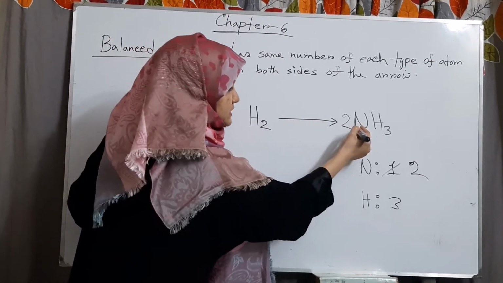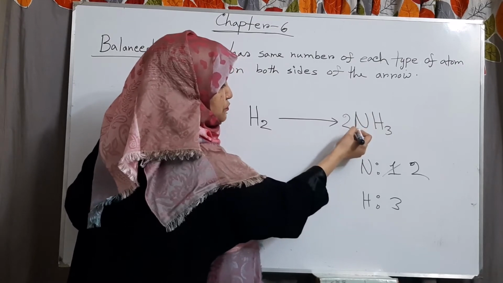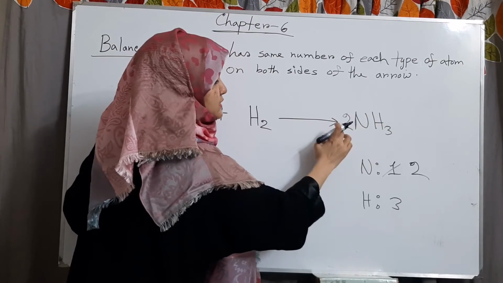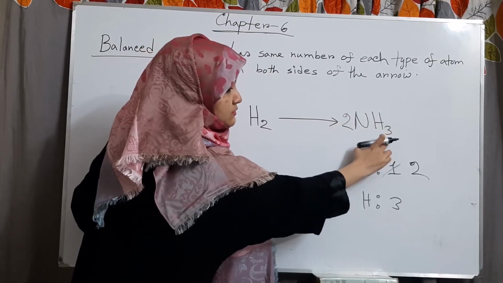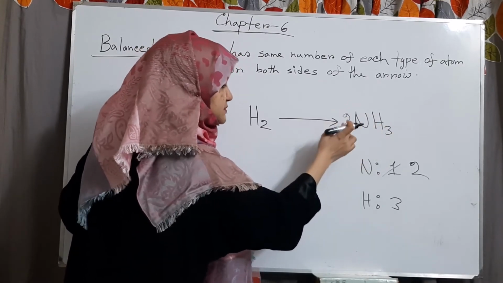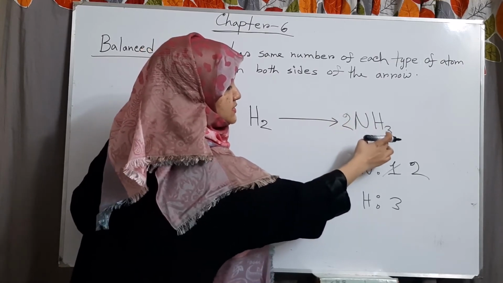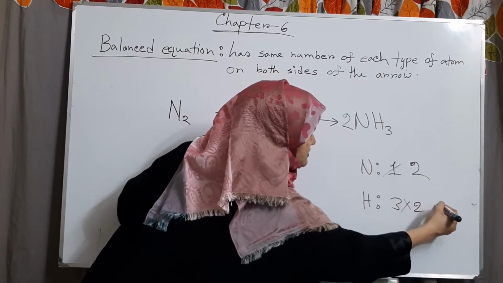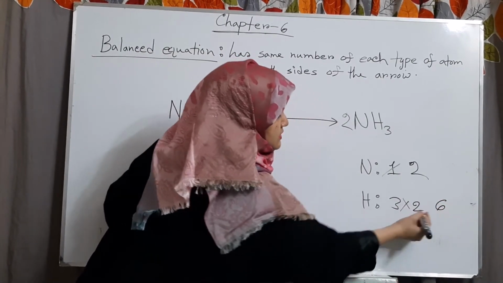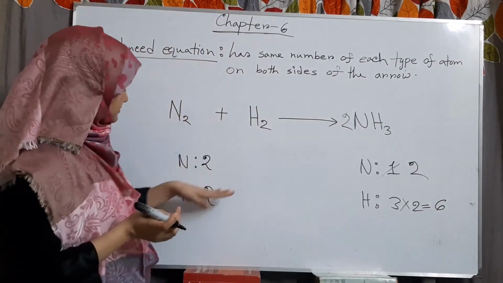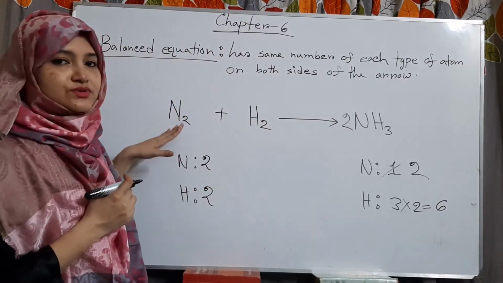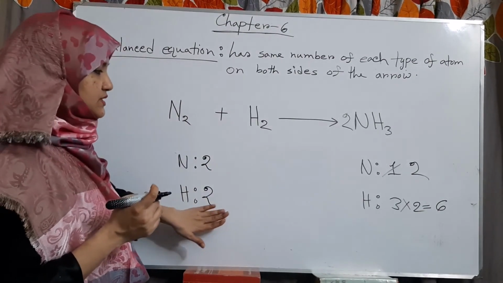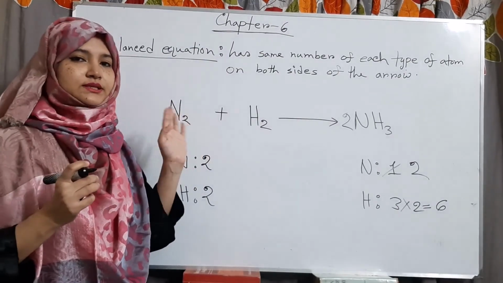But this is a formula, so if we multiply by 2 here, we also have to multiply the 2 with the subscript, so 2 times 3 hydrogen is 6. Now our nitrogen is balanced, but the hydrogen atoms are still unbalanced.